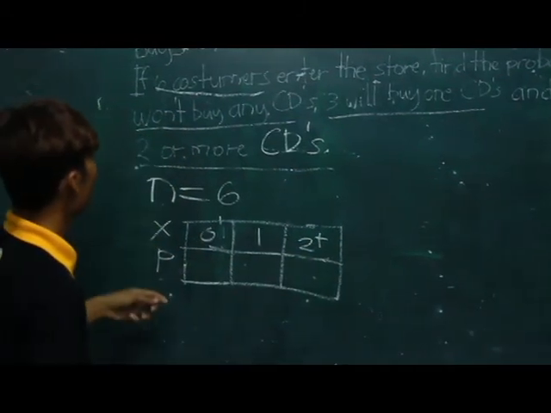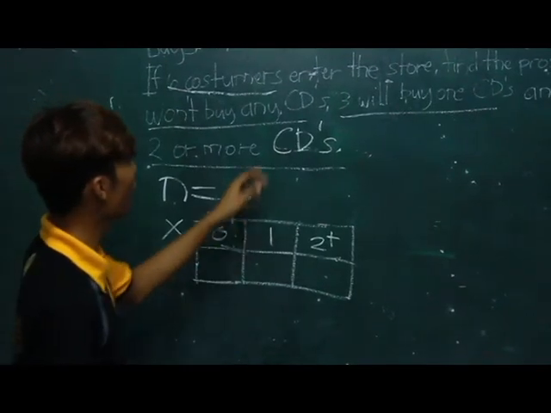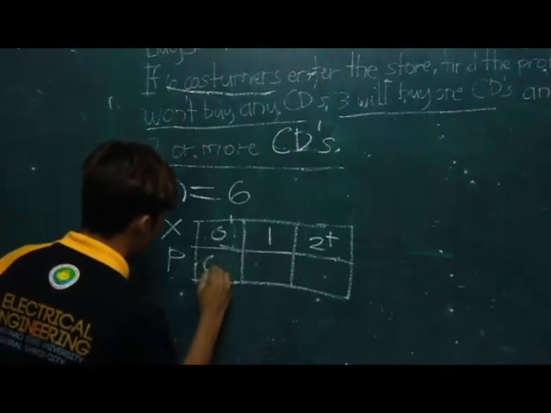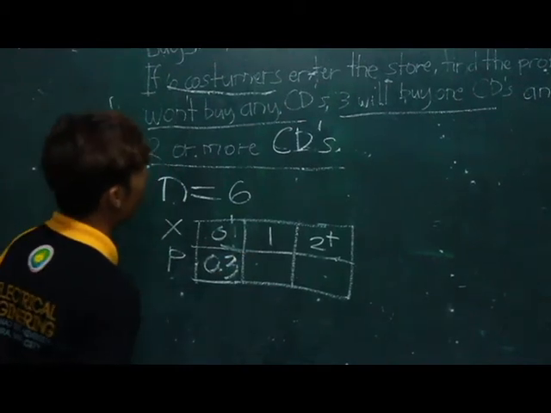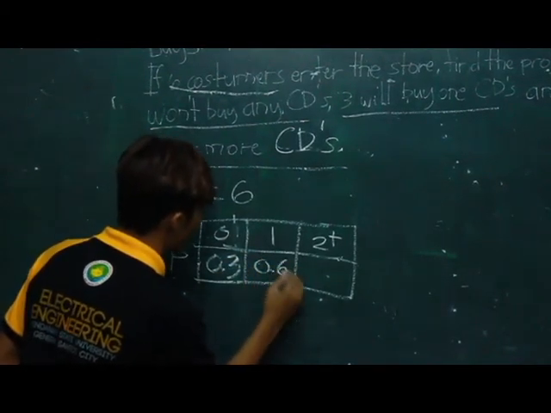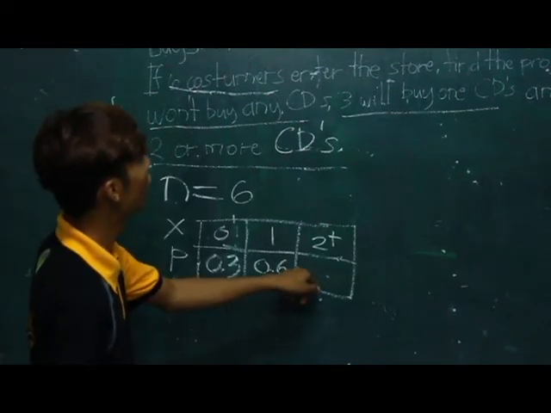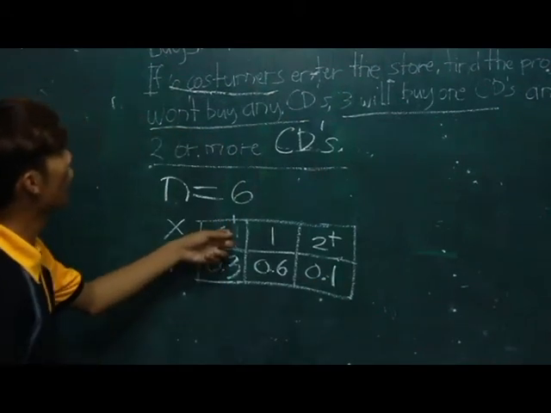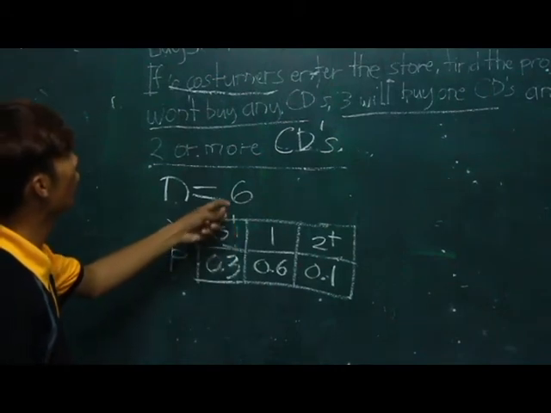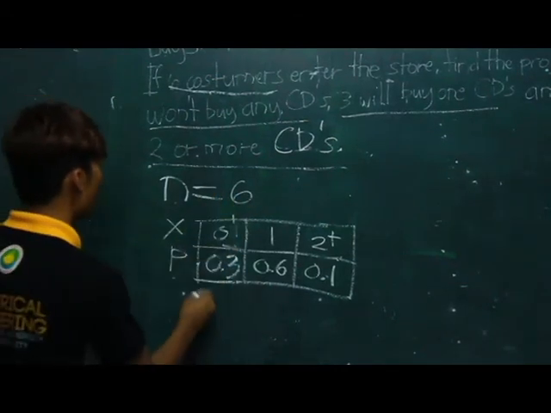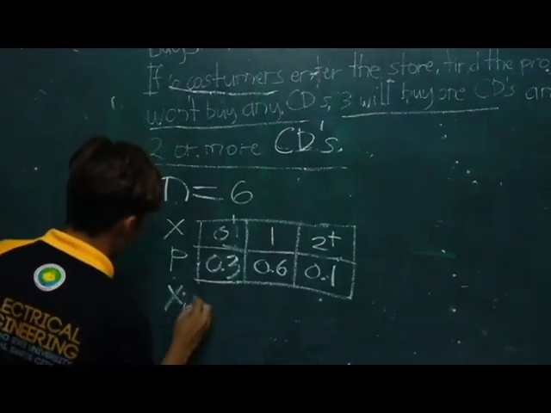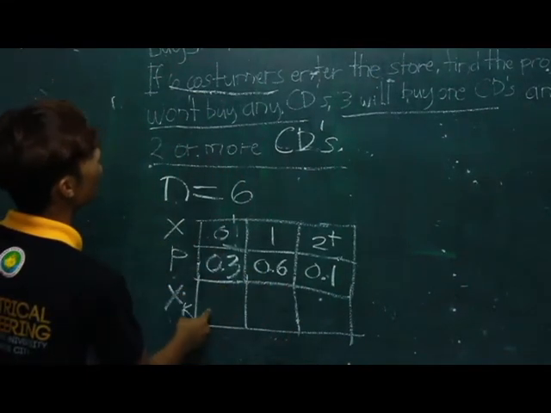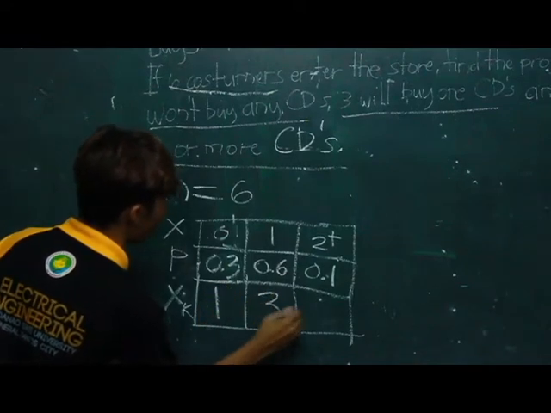The probabilities are 0.3, next is 0.6, and 0.1. And our x's will be 1, 3, and 2.